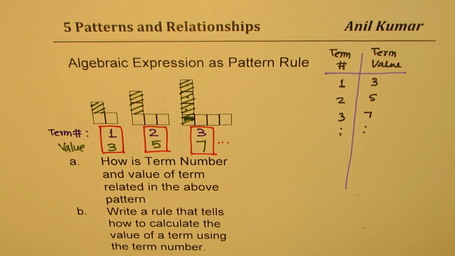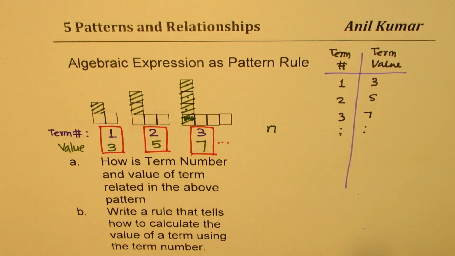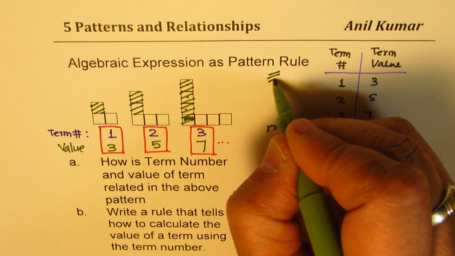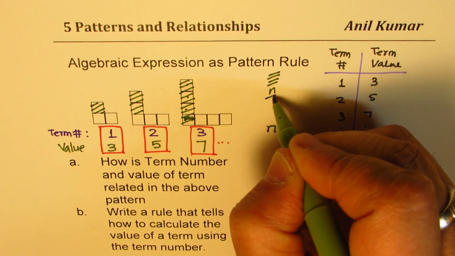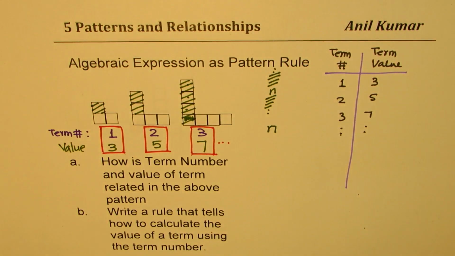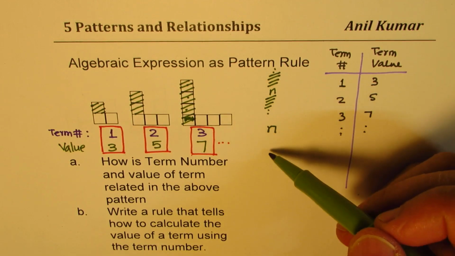If I shade like this, and if I have n terms, do you understand? It could be like 10, 20, 100. How many of these shaded things will be there? There will be n of these. Do you see that? Perfect. So in the nth term, n of these are shaded.